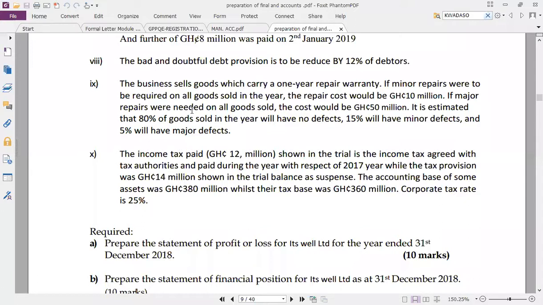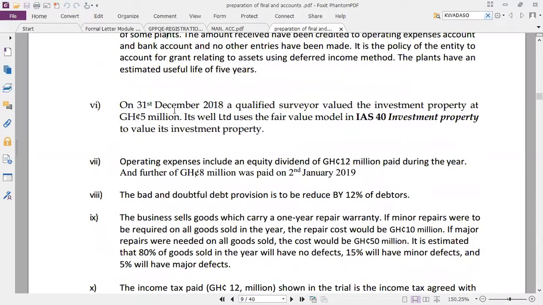Then you are done. So let's go to the trial balance and scan through it. We are scanning through for two kinds of items, usual and unusual.